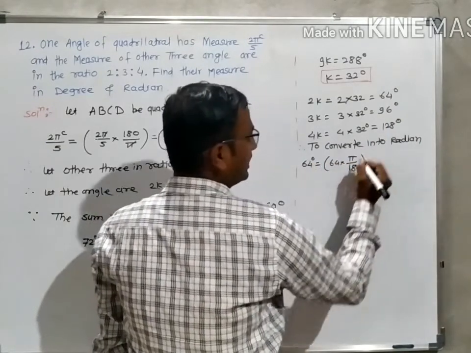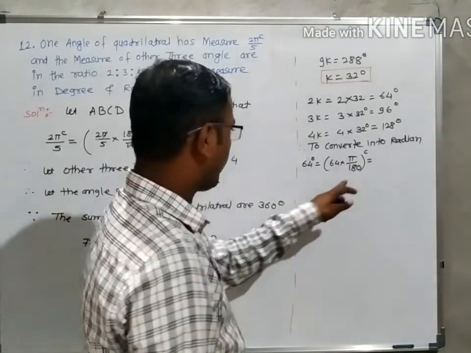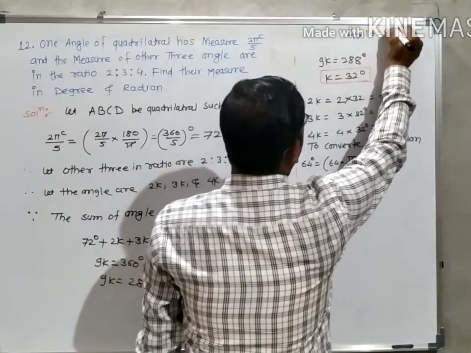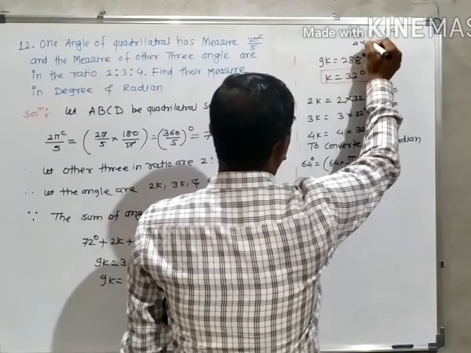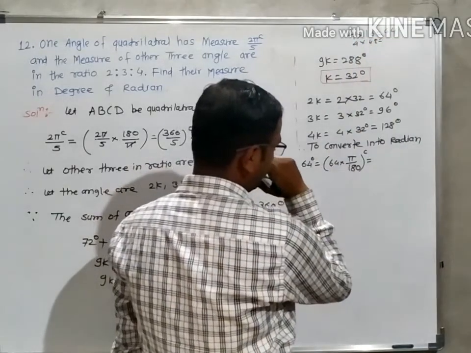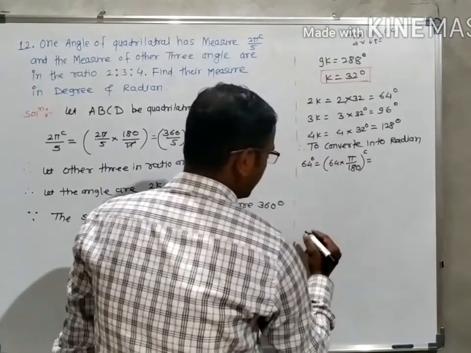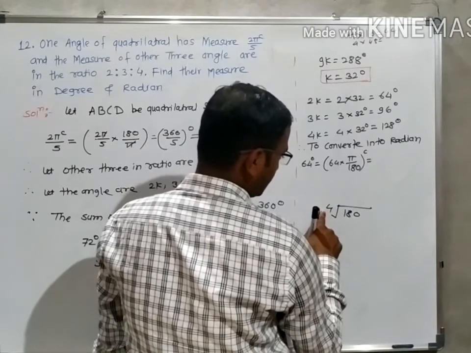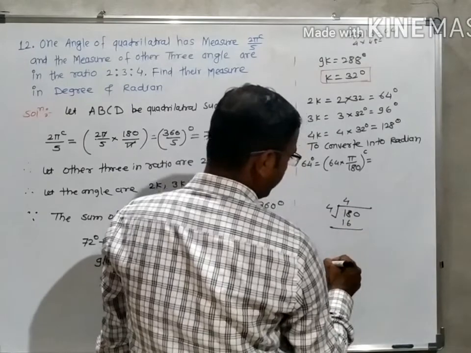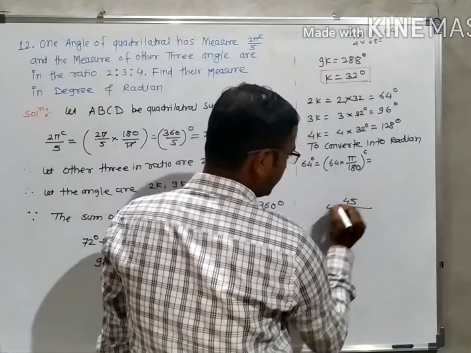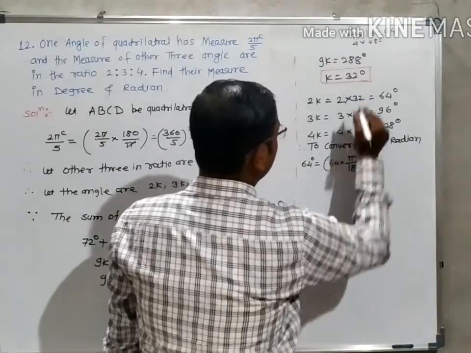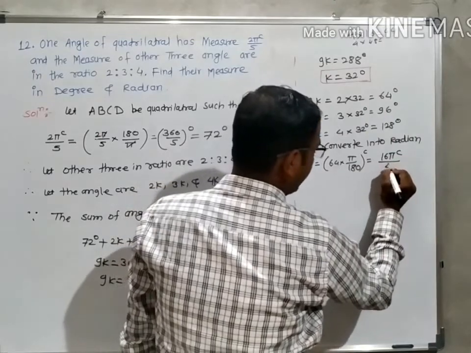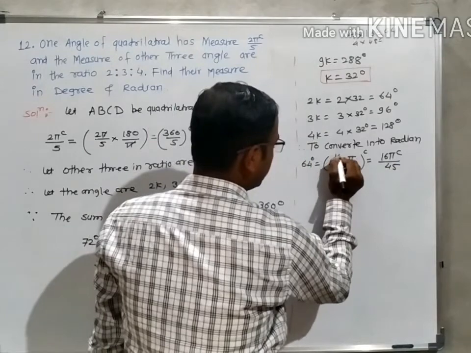Dividing both terms by 4, 4 into 16 is 64, and 180 divided by 4 is 45. So this is 16 pi radian upon 45.